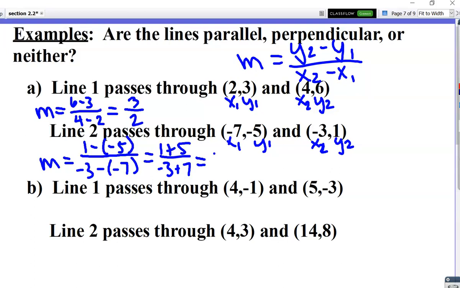So we should get 6 over 4, which at first doesn't look like either, but both 6 and 4 can be divided by 2, so you want to reduce. And then we should get 3 over 2. So because these two lines have the same slope, they are parallel.